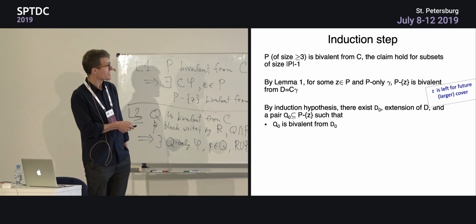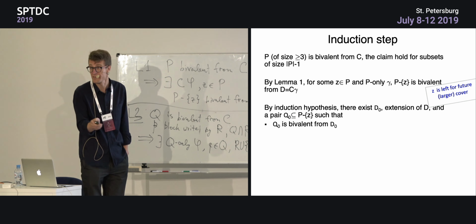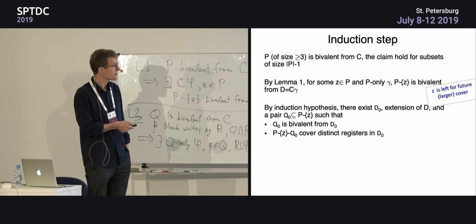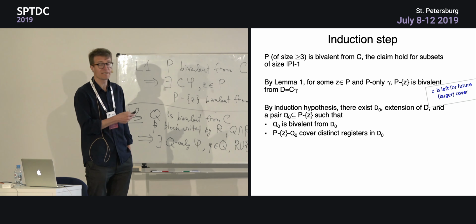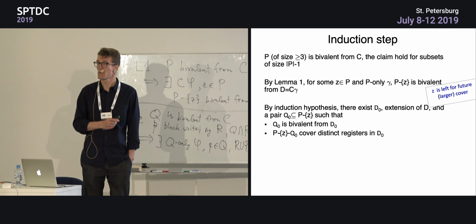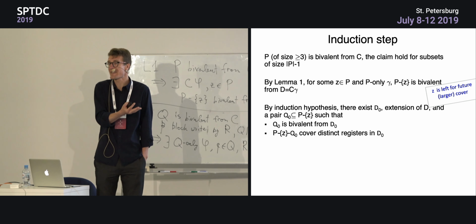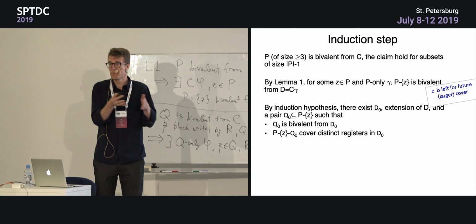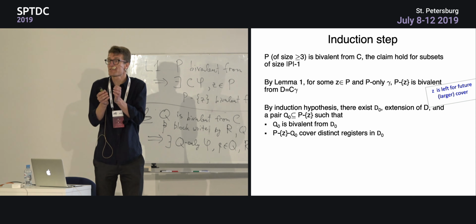Such that Q0 is bivalent from D0, by the hypothesis, and all the rest, which is P minus Z minus Q0, cover distinct registers in D0. So far so good? I just use the induction hypothesis on the sizes of the set, cardinality P minus 1. So this is my first configuration.